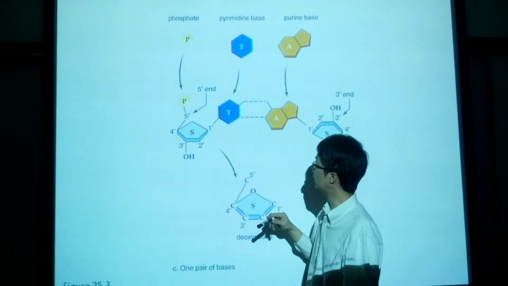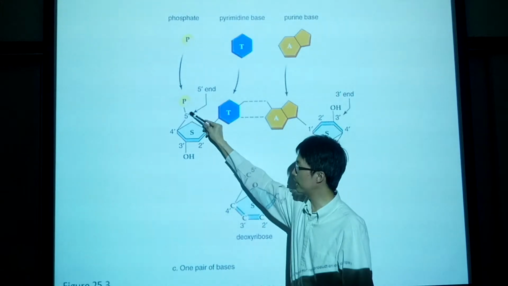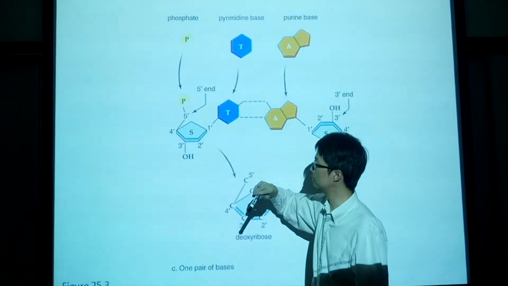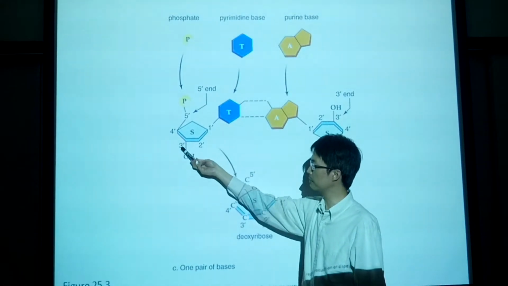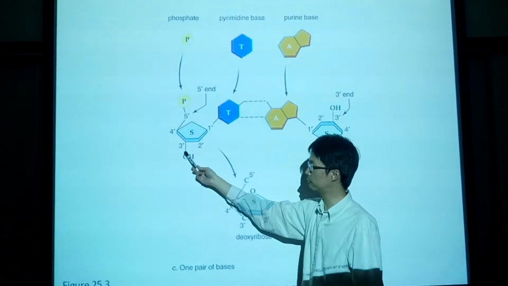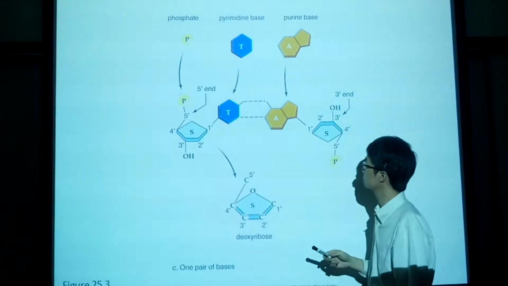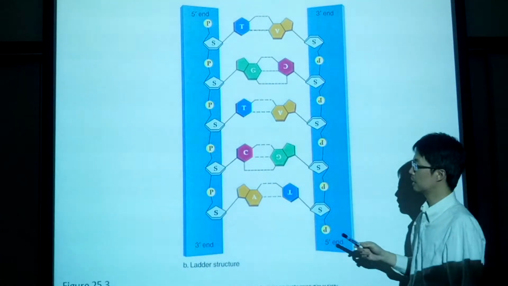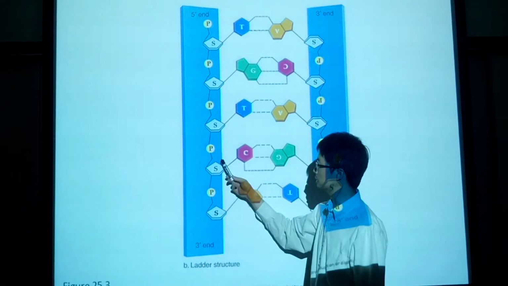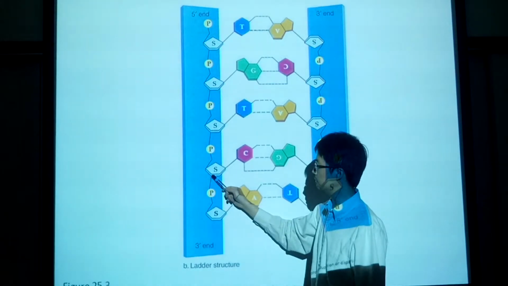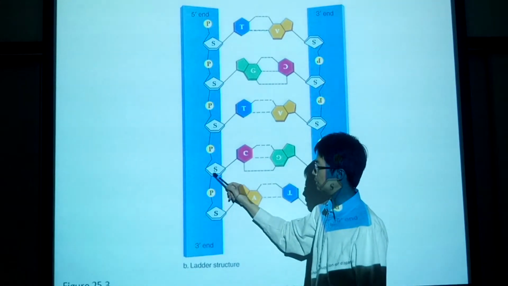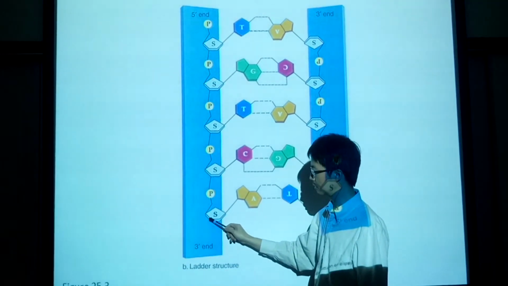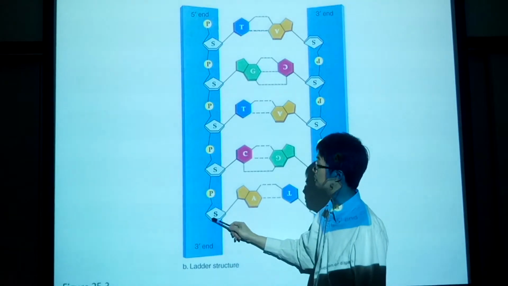At the 5 prime carbon, we connect it with a phosphate group. And at the 3 prime carbon, we connect with a hydroxyl group. Because of that, they are connected in this way. So this is the 5 prime end and this is the 3 prime end.